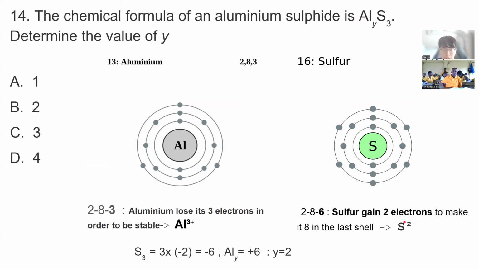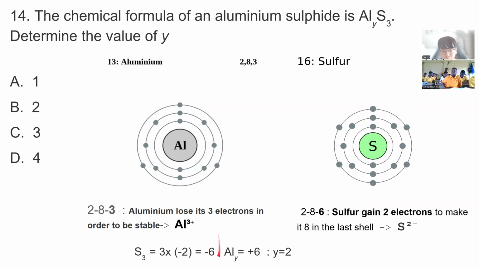What we can do here is multiply by 3 because there are 3 sulfur ions. If we multiply -2 times 3, we have -6. But this molecule is neutral.